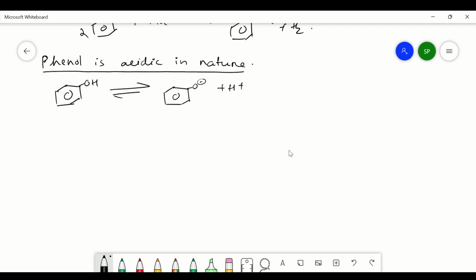In Bronsted-Lowry theory, if this is an acid and it produces H plus ion, then after production of H plus ion, the remaining thing is the conjugate base.